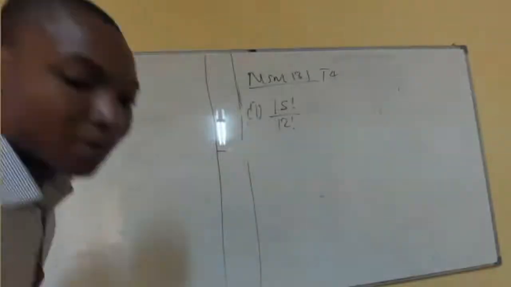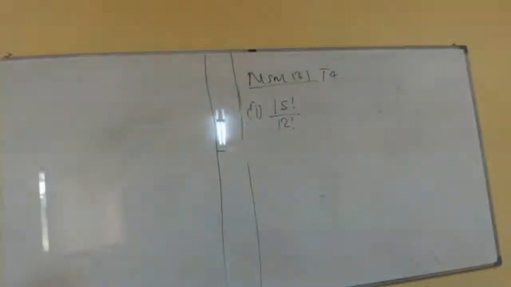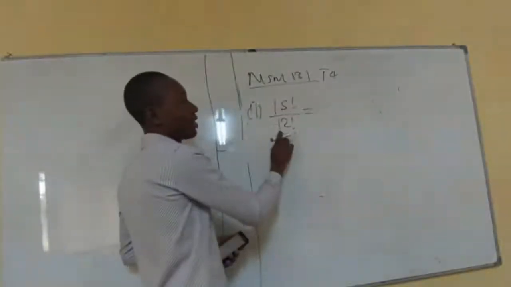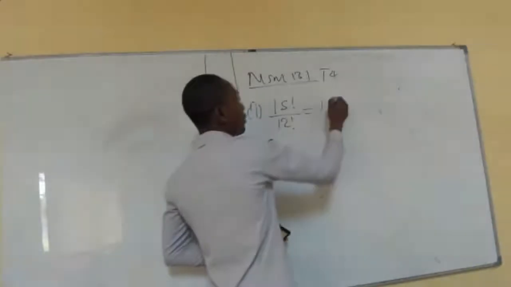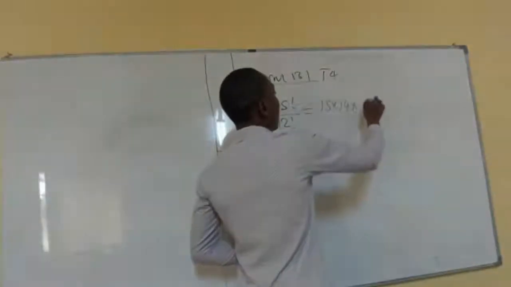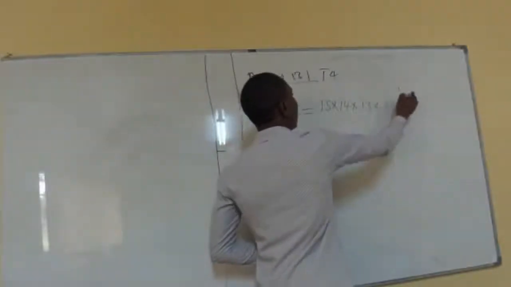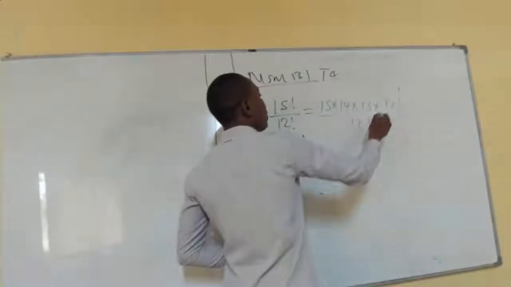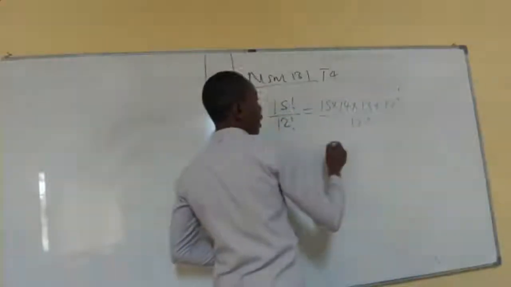As I said before, we're simply going to expand the largest factorial down to the largest in the denominator, in this case 12. So it's 15 times 14 times 13 times 12 factorial, everything over 12 factorial. You notice that the 12 factorial and 12 factorial will cancel.